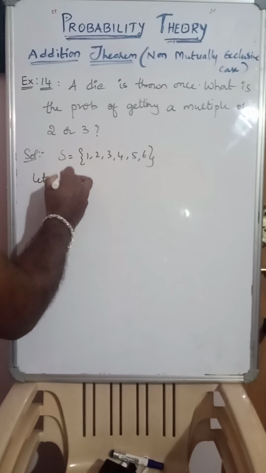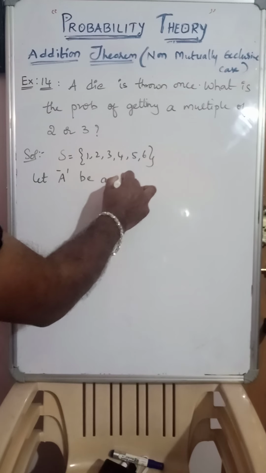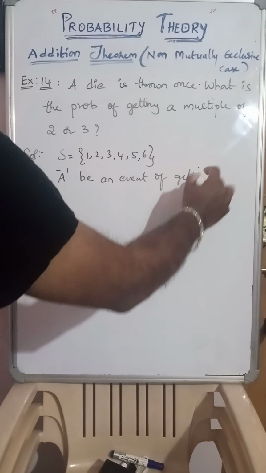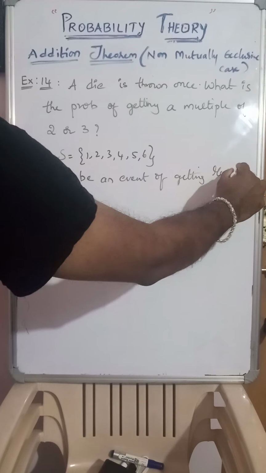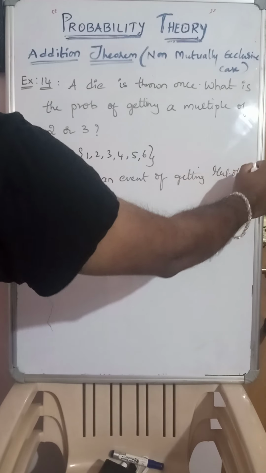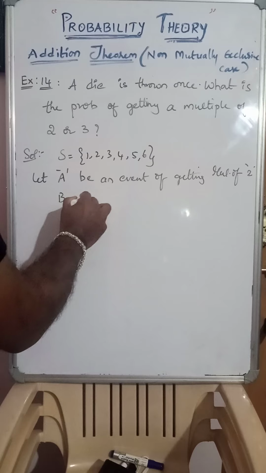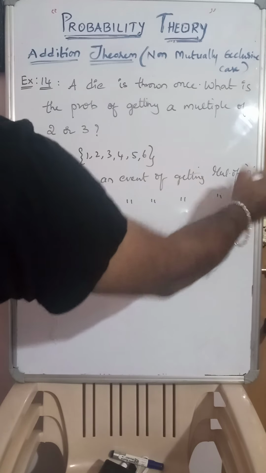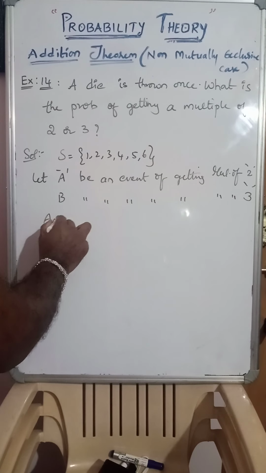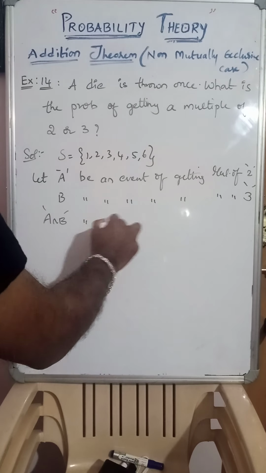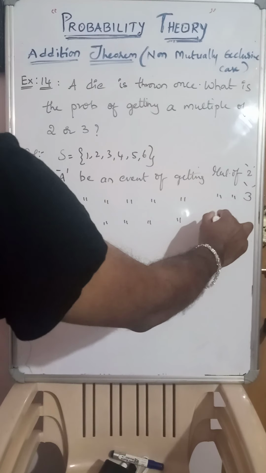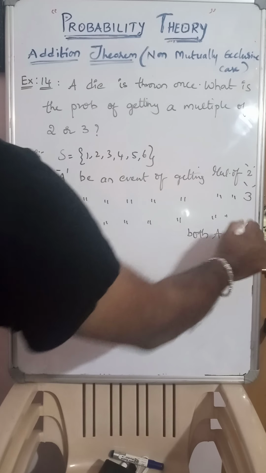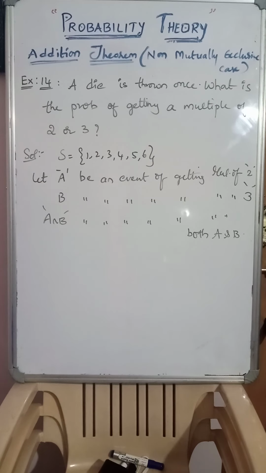Let A be an event of getting multiple of 2, first one. B be an event of getting multiple of 3, and then A intersection B be an event of getting multiple of both A and B, I mean 2 and 3 both.